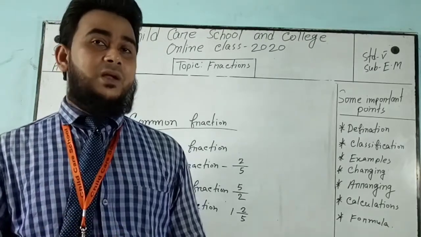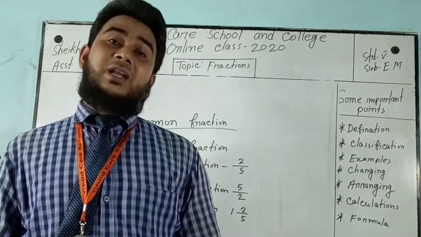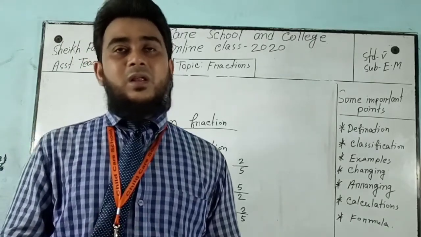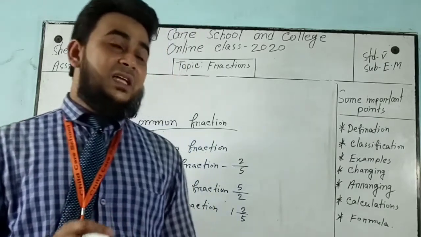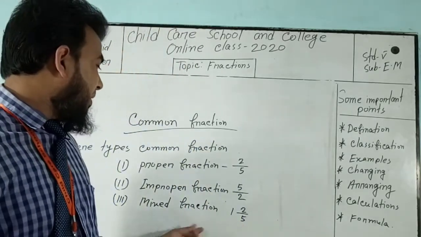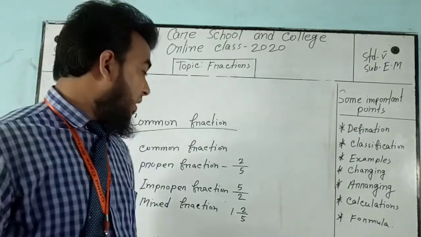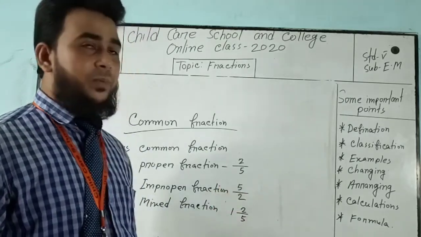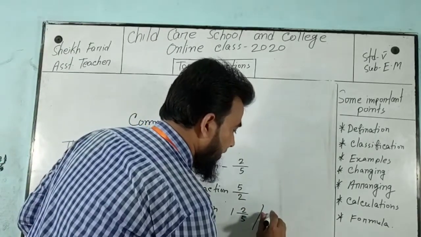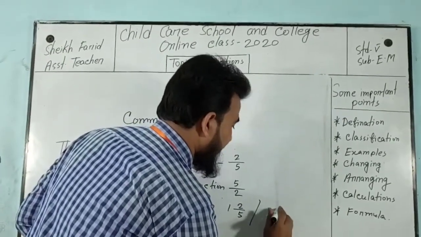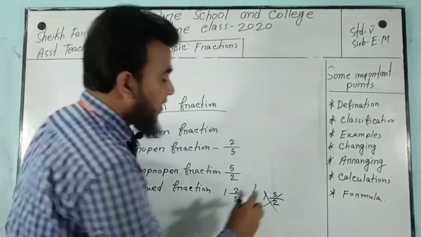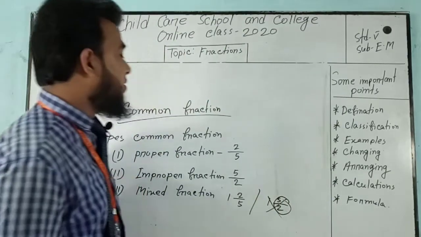And if you want to carry your older brother, this is impossible, and this type is improper. And for a mixed fraction, obviously you have to add an integer with a common fraction. If you write an integer and then 5 by 2, this is not a mixed fraction, because this is not a proper fraction.